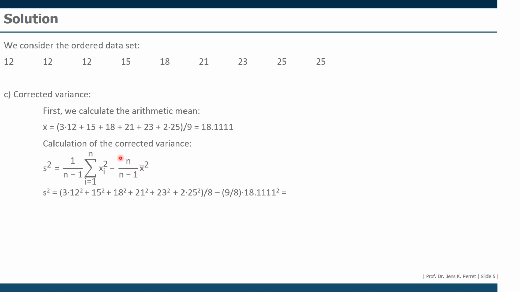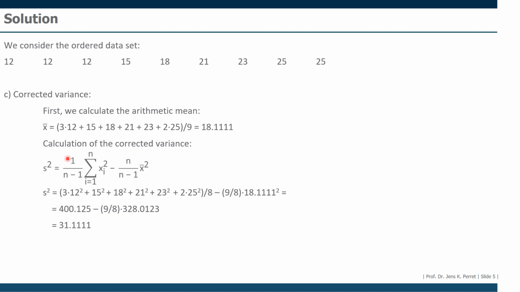And multiply this with this correction factor, the number of observations divided by the number of observations minus 1. Again, I'm using this factor because at this point I'm working towards the corrected variance. Here, 9 observations divided by n minus 1, so 9 minus 1 gives me 8. All of this I'm going to put into a calculator and I get as an end result 31.111. That was already part C, the variance.